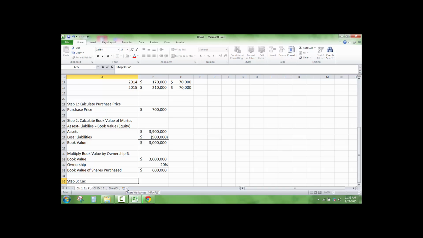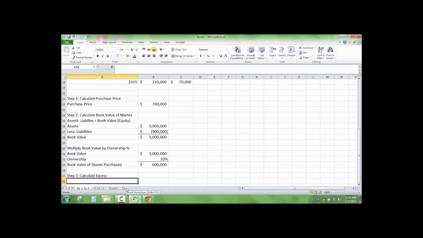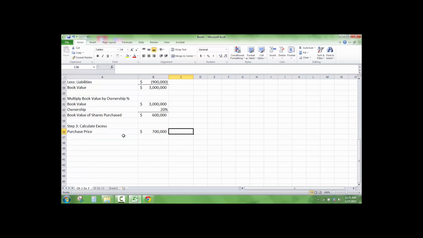Step 3, we're going to calculate excess. So we take purchase price, which is 700,000, less book value of shares purchased, equals excess.